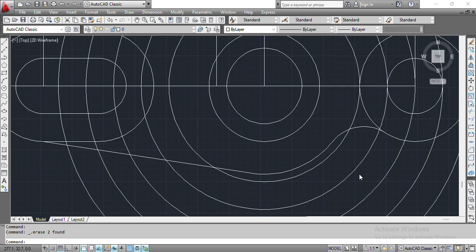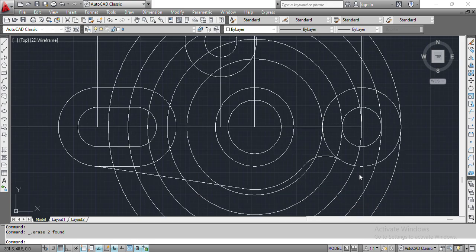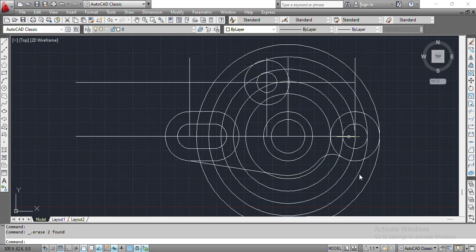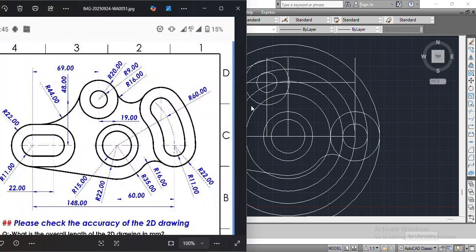After that we are going to draw now this line here.